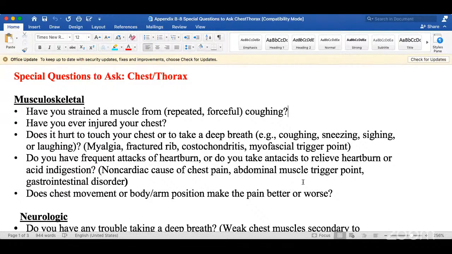Do you have frequent attacks of heartburn, or do you take antacids to relieve heartburn? Remember I told you during our clerking using the APTA template, there is a particular section on drug history. And we said the type of drug that the patient takes might even give an indication of what the diagnosis is. So the patient comes to you directly.